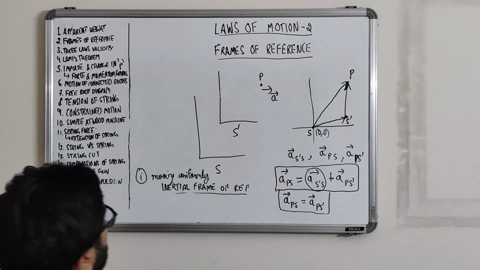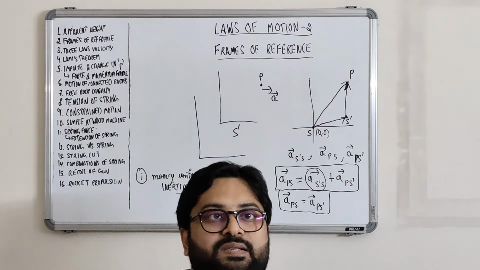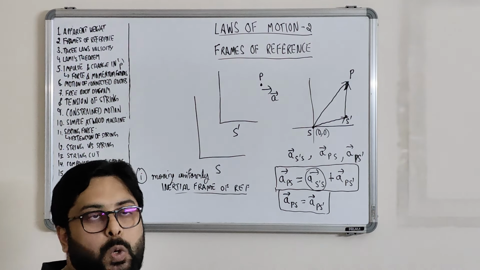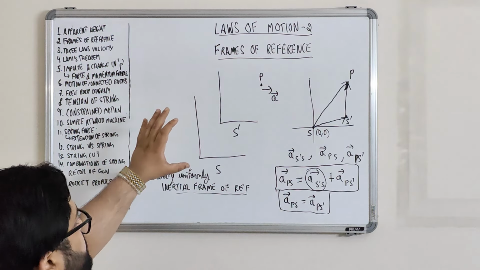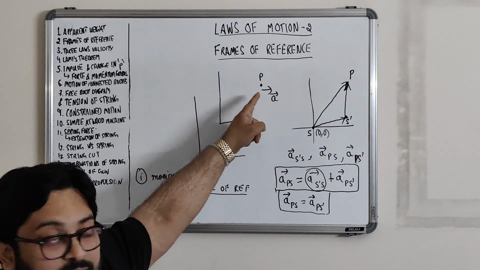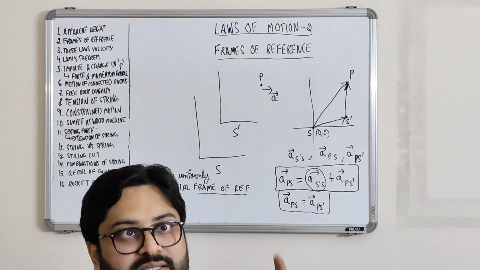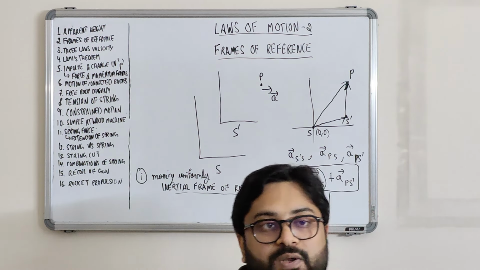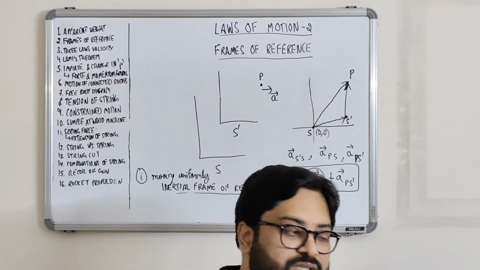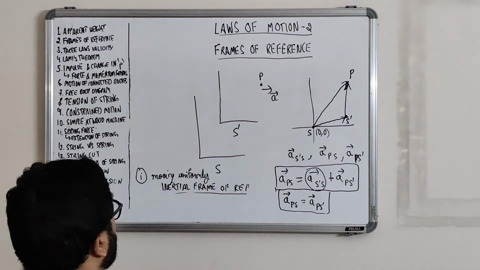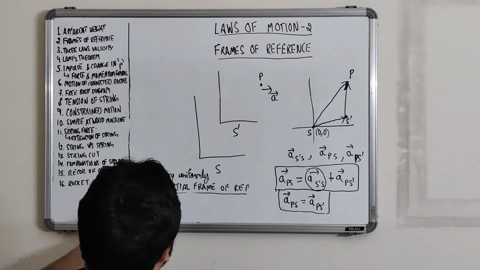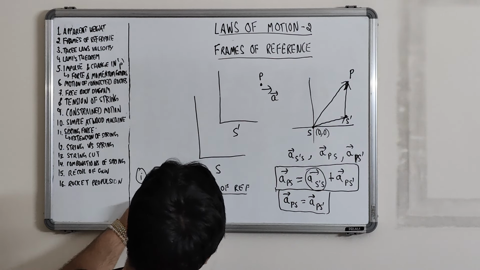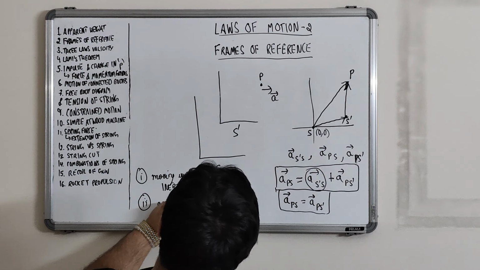So if S is Earth and S dash is you, at rest or moving at a constant velocity, then to you the acceleration of particle P will be the same as it is to Earth. That's how this works, so you are not able to tell the difference. Now let's say S dash is an accelerated frame.